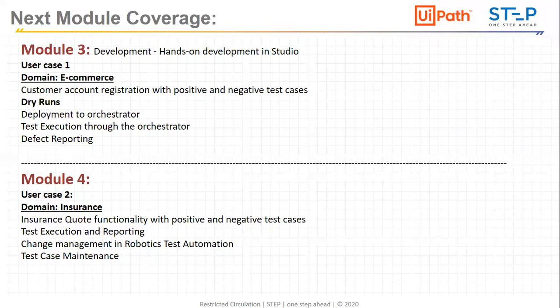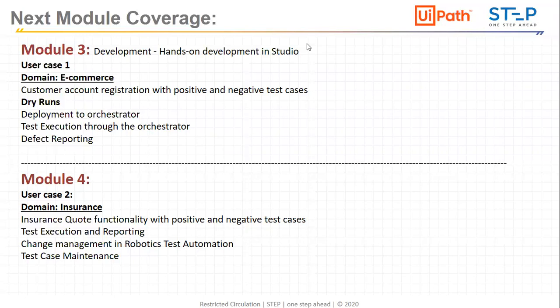So that's it for today's session. In the next module, module 3, we will be doing the hands-on. I know there are multiple people who wanted to see how this works, and they wanted to get their hands on UiPath Test Suite. So definitely we will be seeing it in module 3 next Saturday.